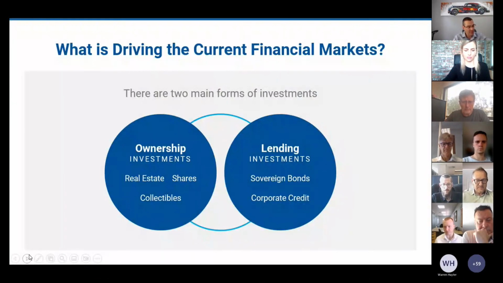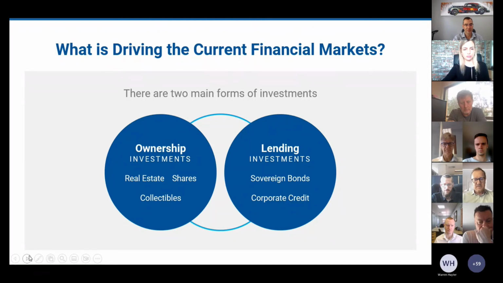I thought let's take it first back to basics. If we look at things, there are 2 main forms of investments: ownership investments and lending investments. Under ownership investments, we've got real estate, shares, and collectibles.